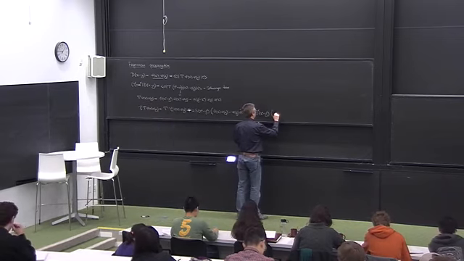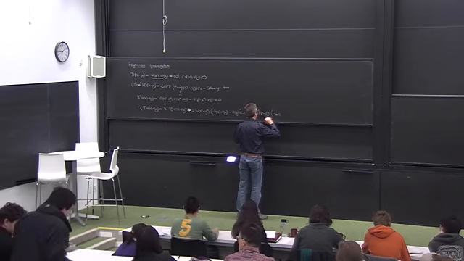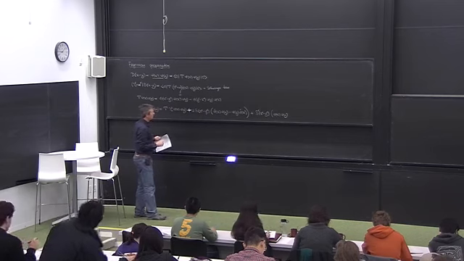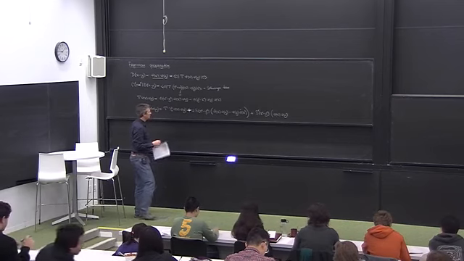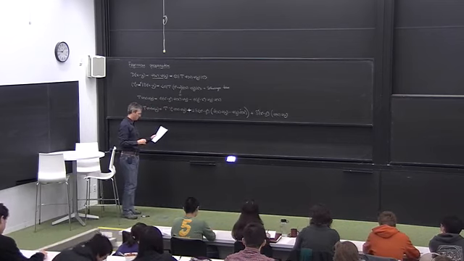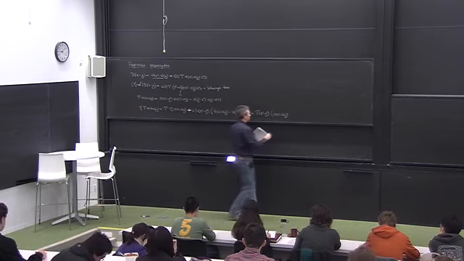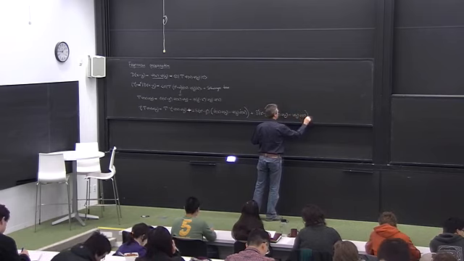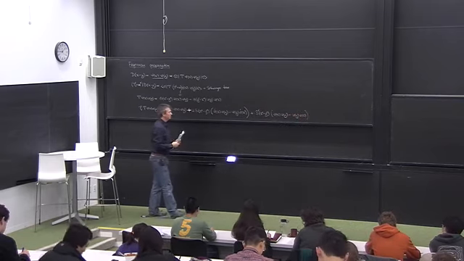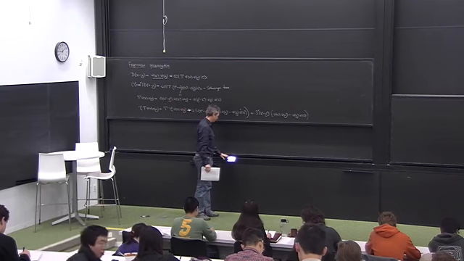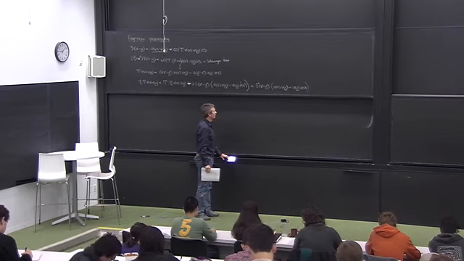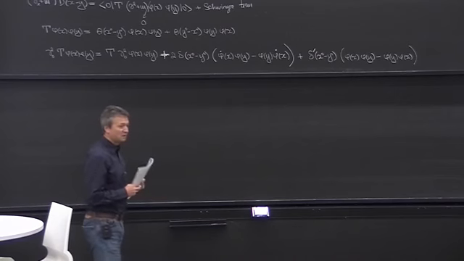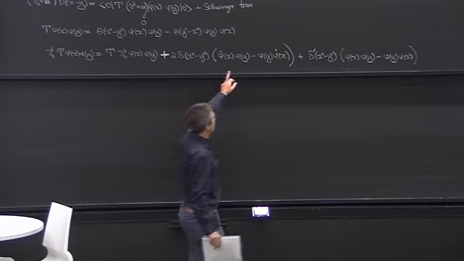And here again, I will have phi of x, phi of y, minus phi of y, phi of x. So the interesting thing that happened is that what remains is a commutator.